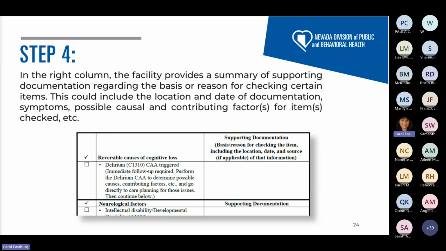In Step 4, the team goes through each care area to see which of the 20 were triggered. Then, in the right column, indicate the name and dates of all existing supportive documents, including where the documents are located.